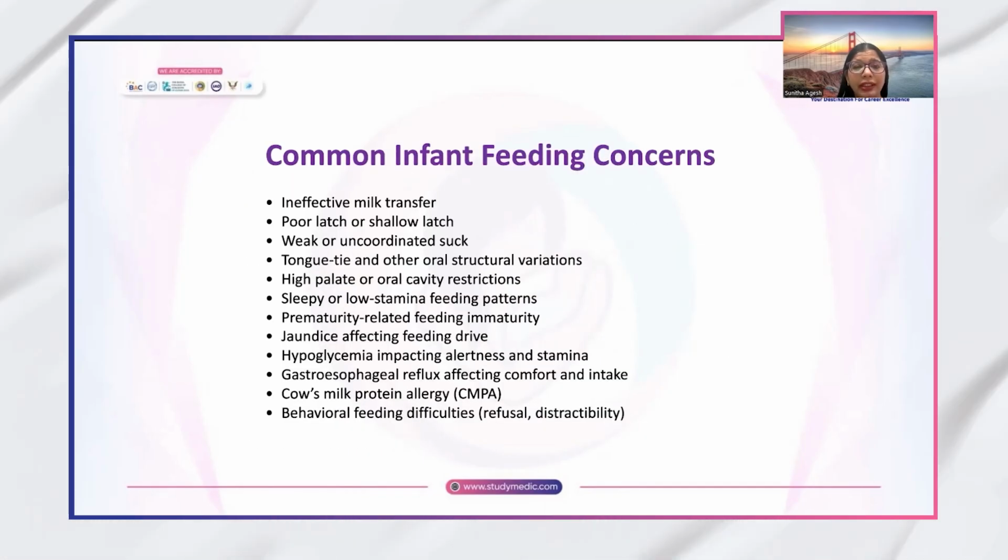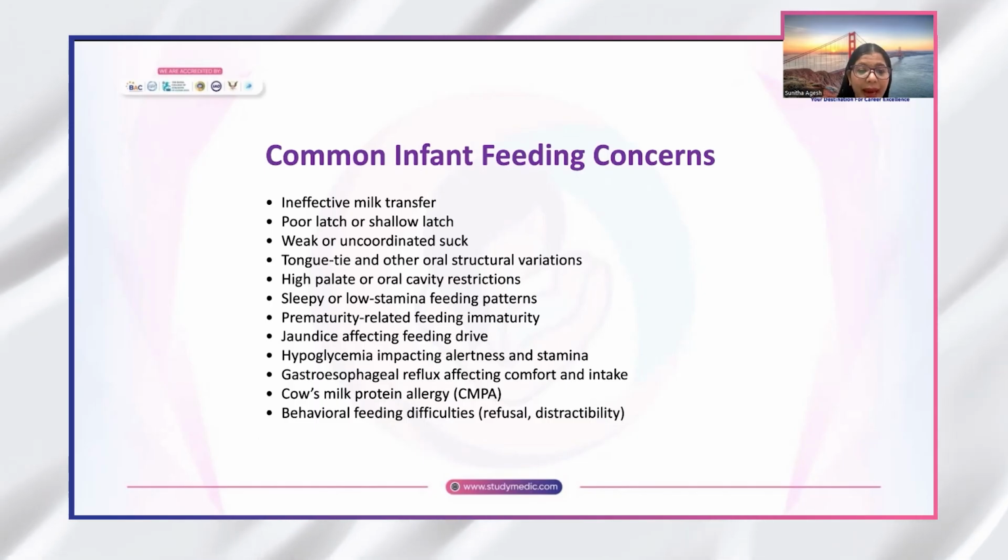So let us see the common infant feeding concerns. Overall, the first one is ineffective milk transfer: poor latch and shallow latch, weak or uncoordinated suck, tongue tie and other structural variations, high palate, oral cavity restriction, sleepy and low stamina feeding patterns, prematurity-related feeding immaturity, jaundice, hypoglycemia, GERD, CMPA, and behavioral difficulties like refusal or distractibility.